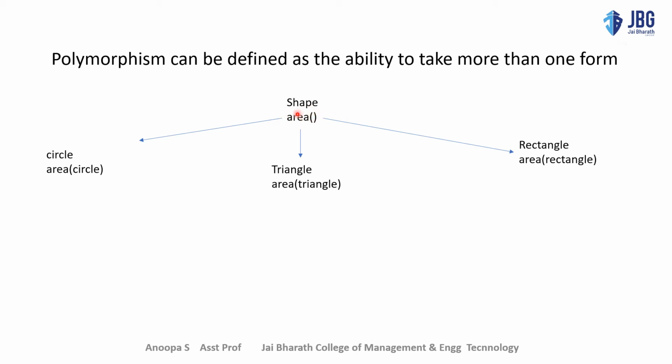It can compute the area of a circle, a triangle, or a rectangle. If I give the value of radius, it will compute the area of a circle. If I have base and height, it will give the area of a triangle. And if length and breadth are given, it will calculate the area of a rectangle. So with one single function name, we can exhibit three different operations.